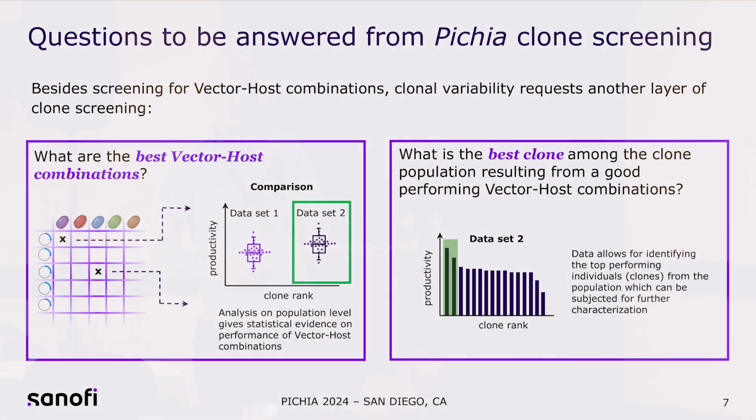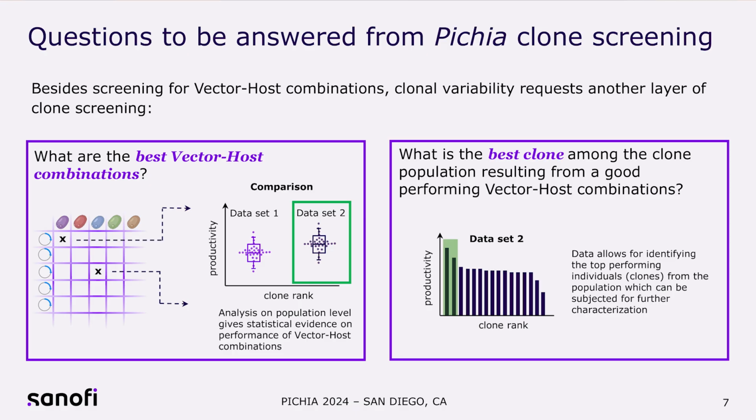So in a classical screening approach you basically always have two questions to address. One is, what is the best vector host combination? You need to screen a certain number of clones in there to get some statistical evidence on how the population performs, if you want to compare different populations, different vector host combinations.